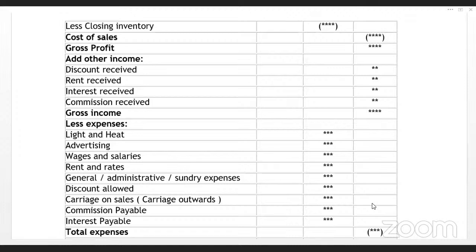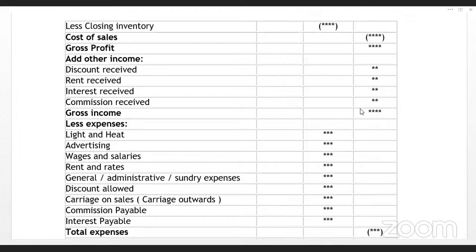So there will be those other incomes which you have to add on the gross profit. And when you add them to the gross profit, then you get what we call total incomes, or sometimes it can be referred to as gross income.